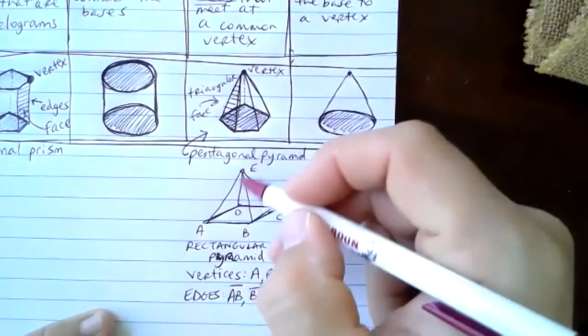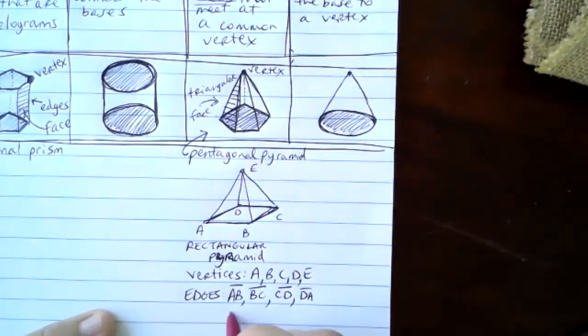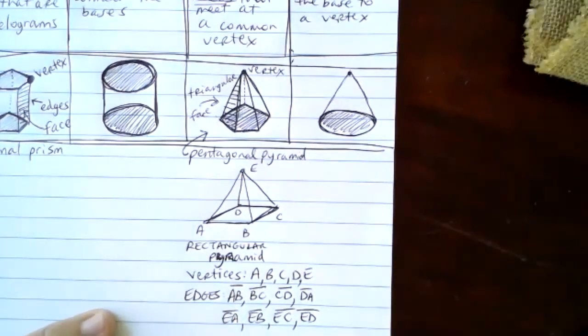And then we have everything with an E: EA, EB, EC, and ED. Okay, just like that.